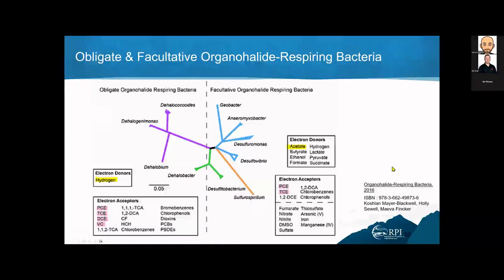The facultative organohalide respiring bacteria, which are on the right side of the dashed line, some of these are also well known. Geobacter is well known, right? Desulfovibrio is well known. These can break down PCE and TCE, but can go no further. But the electron donors that they can use are much broader than hydrogen.